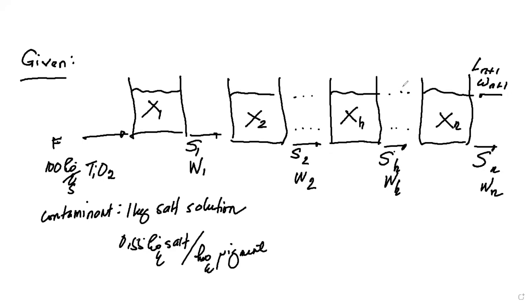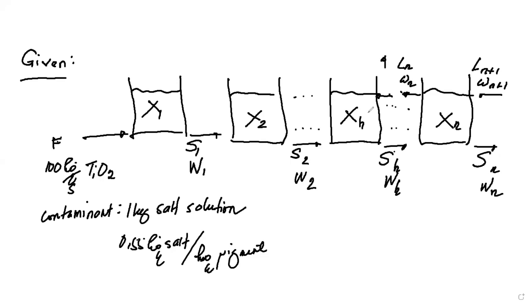Now this one, we will have a corresponding overflow here, and that would be small w sub n, and it has this solute L sub n. What enters here, since this is dot dot dot, I'll place here.